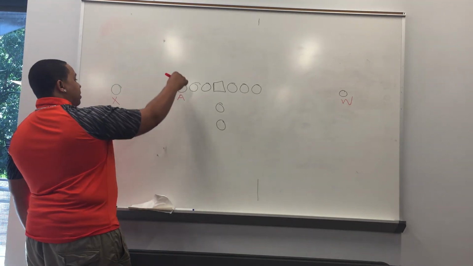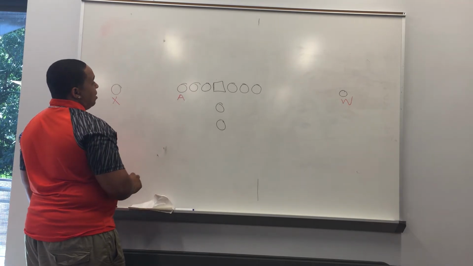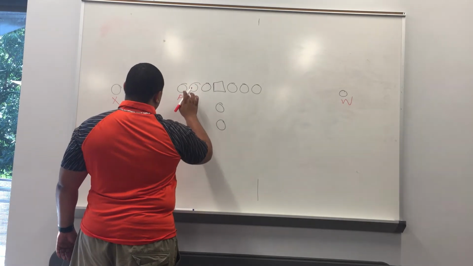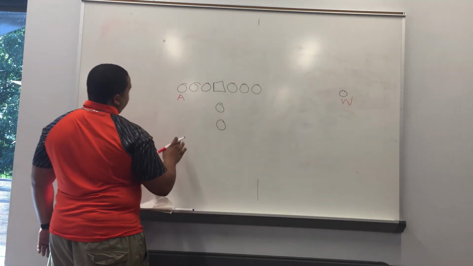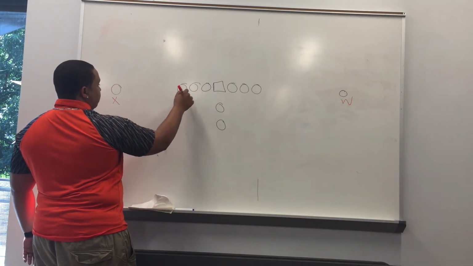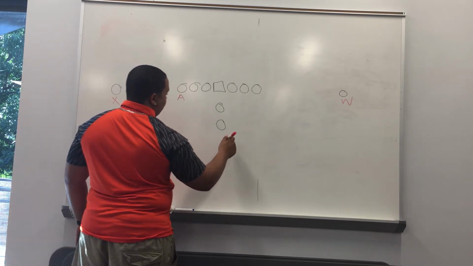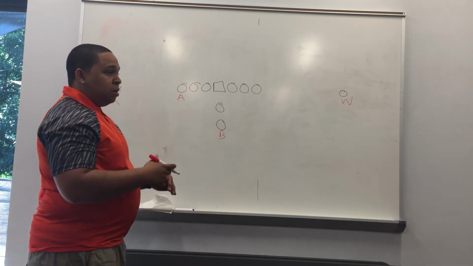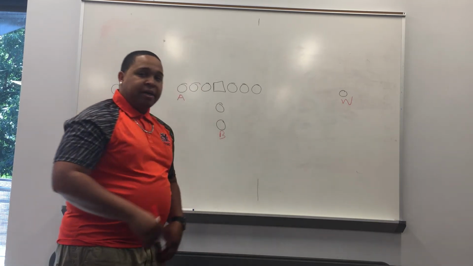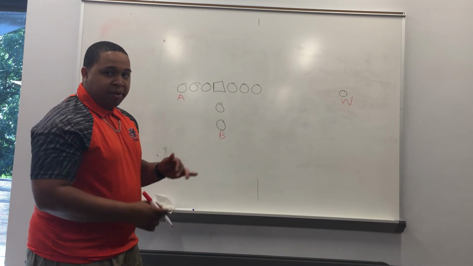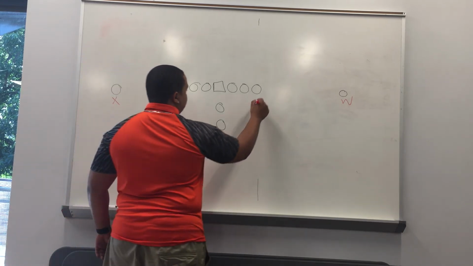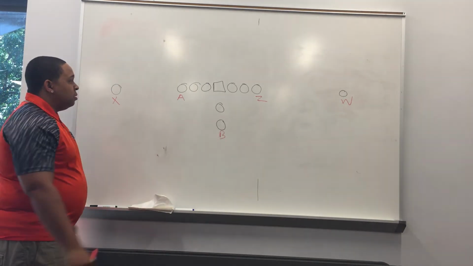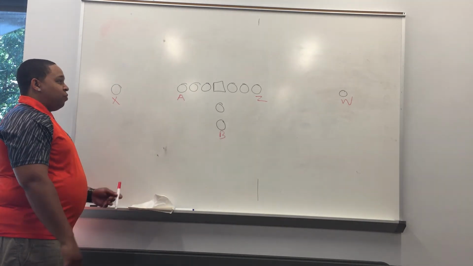But even though he's our faster guy, he's got to be able to block a little bit in this formation. So what we'll do with this guy is we'll need to make sure that he can block well enough. Then we want to go with our B. Our B is kind of a hybrid kind of guy. He's a little bit bigger than the A, and he can run pretty good as well. And the Z right there is our tight end personnel. But that's how we run this formation.